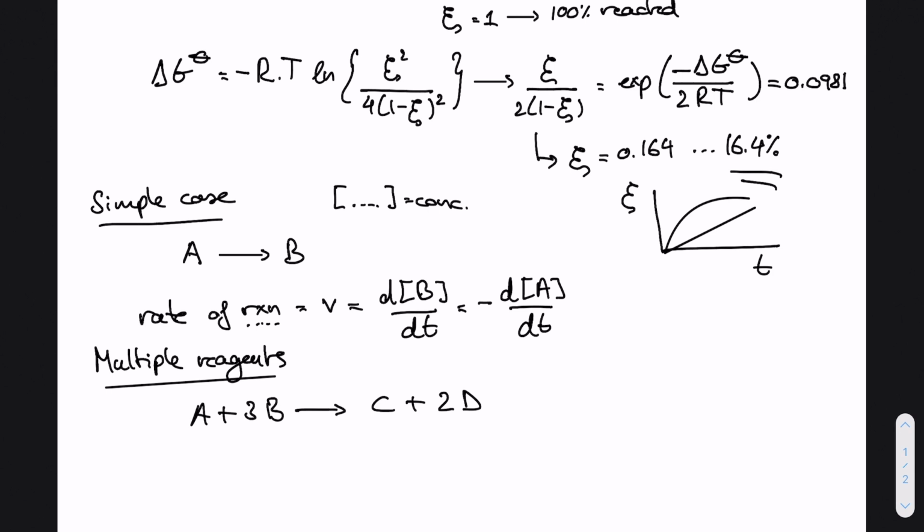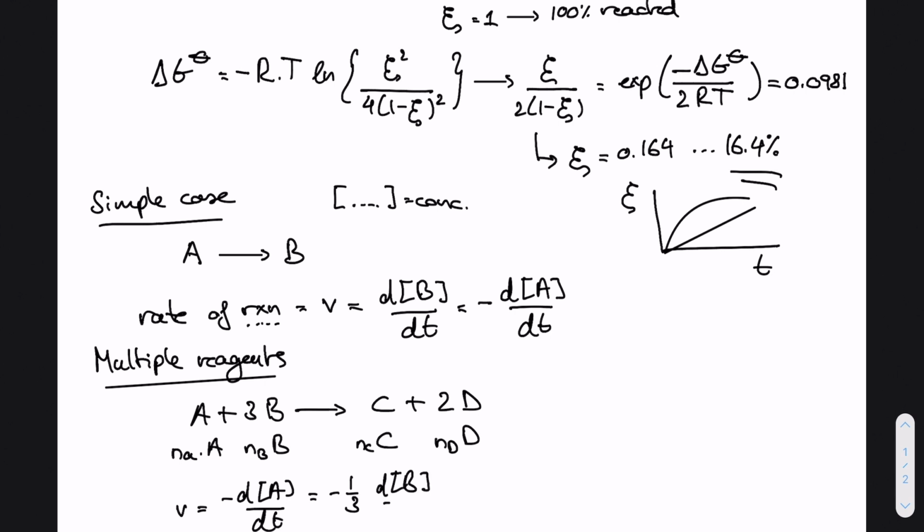So we have nA times A, nB times B, nC times C, and nD times D. Right, so if we look at the velocity or the rate, V, it will be minus d[A]/dt. It will be minus 1/3 d[B]/dt.